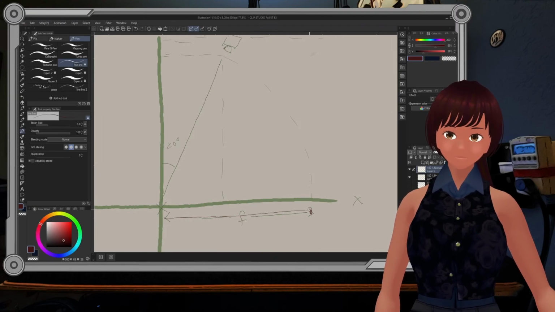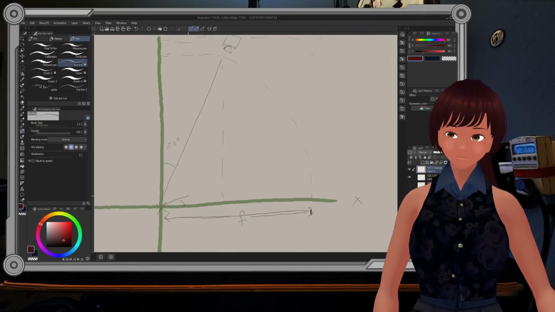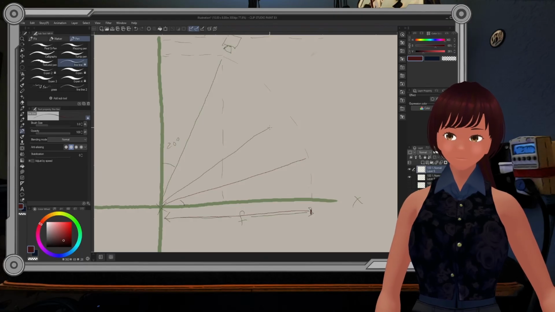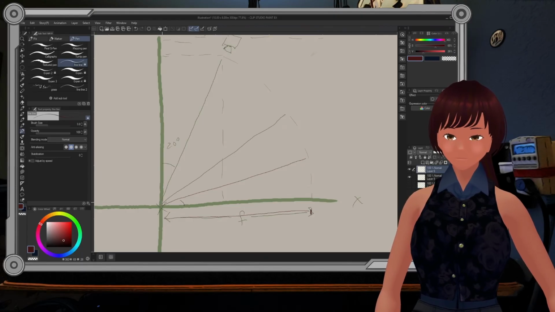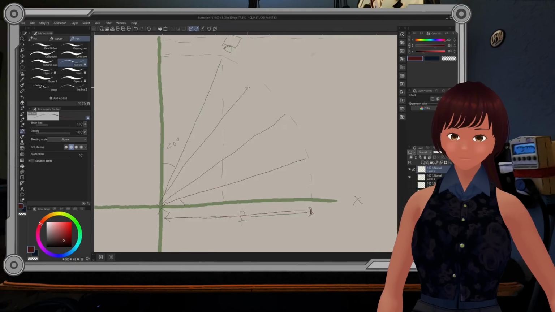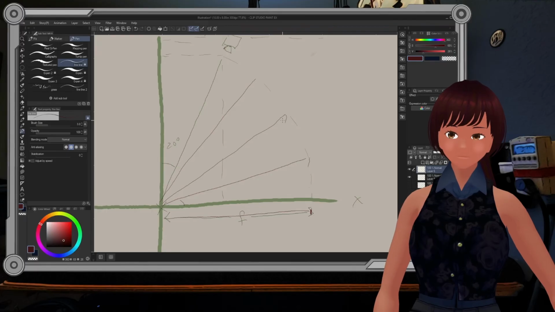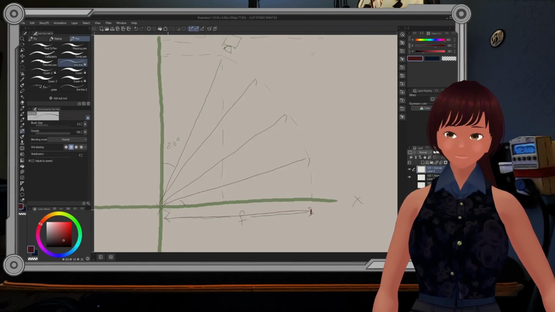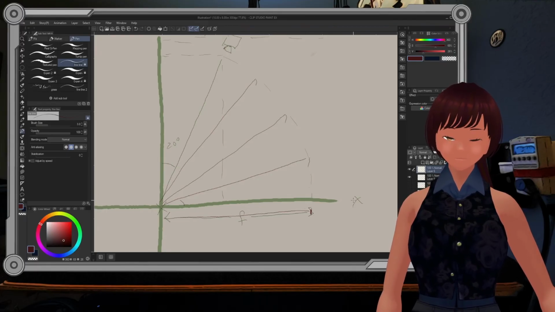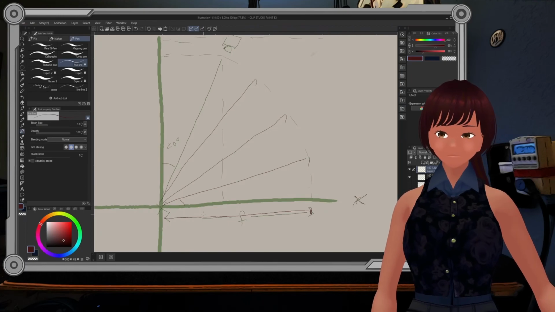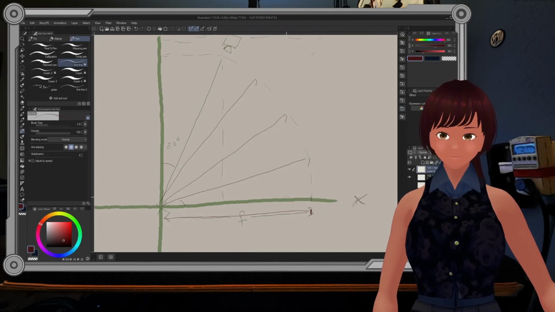But we also have the fact that we have an elevation involved. So as this angle gets bigger, what happens is that the linear distance here, in this case it's on the x-axis, becomes shorter.